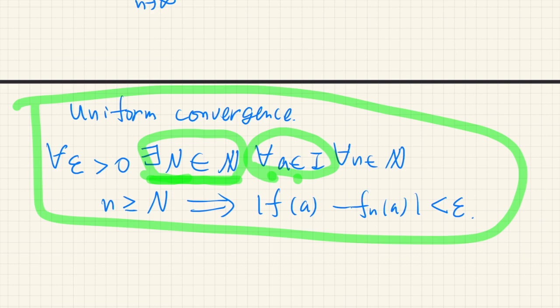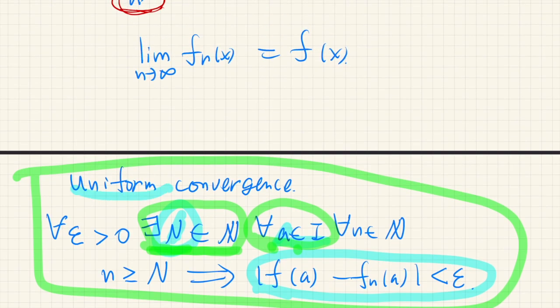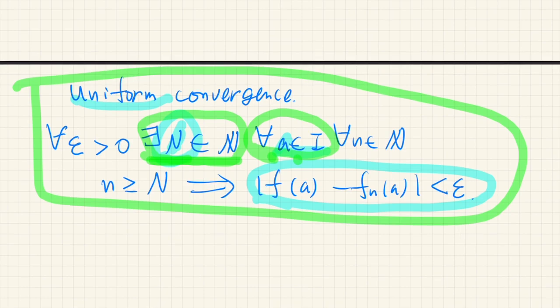So what this means is that in uniform convergence, this N does not depend on the value of A. So for every A, we have the same value of capital N. So if we ignore this many terms in the sequence, we always achieve this, wherever we are in the interval. That's why we call it uniform convergence, because it doesn't depend on where you are.